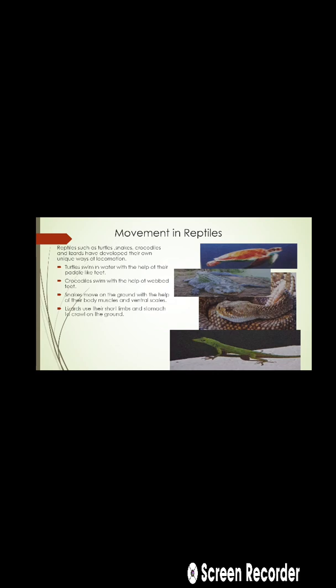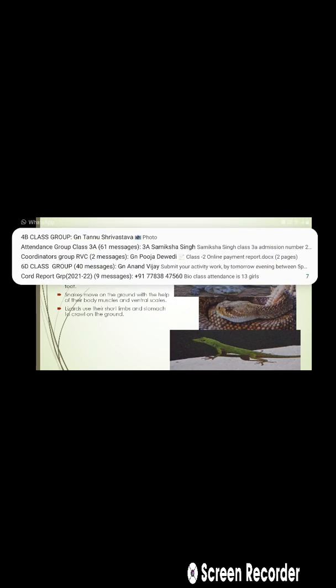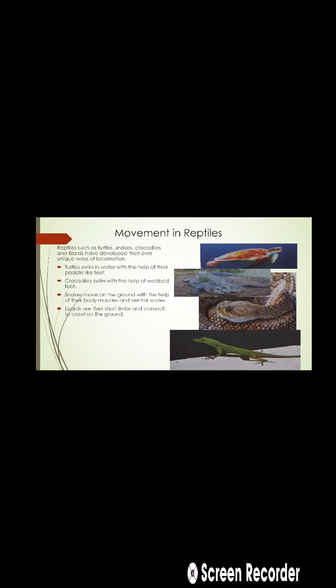Now snakes. Snakes do not have limbs. They move with the help of the scales or plates on the underside of their body, which are attached to their ribs. These plates act like feet and ribs act like legs and enable the snake to move.